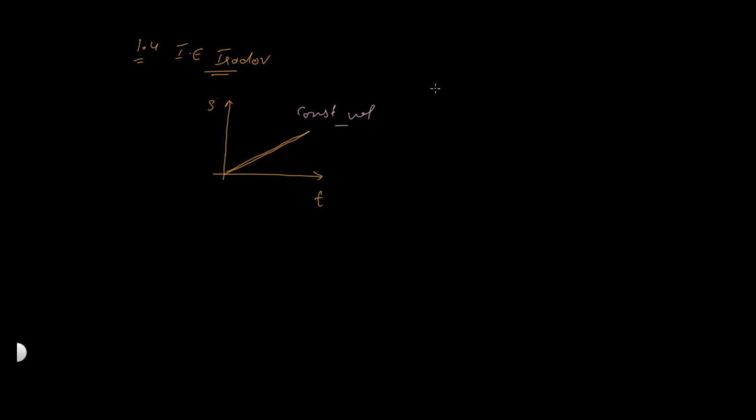The second important concept is average velocity. Suppose we are moving from point A to point B, and suppose we are increasing or decreasing the speed, and we have reached from A to B in time t, with accelerating or decelerating motion, or both.